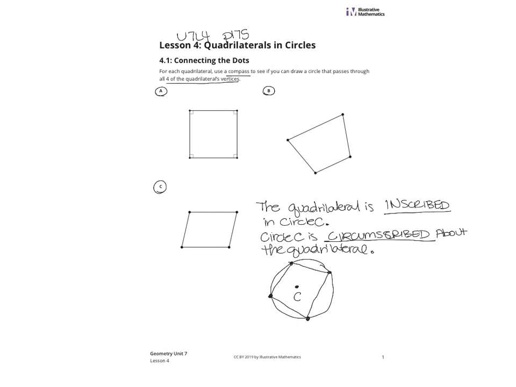If this is done in a specific way, we're going to learn today that the opposite angles in the inscribed quadrilateral, and I'm going to abbreviate it QUAD, are supplementary.